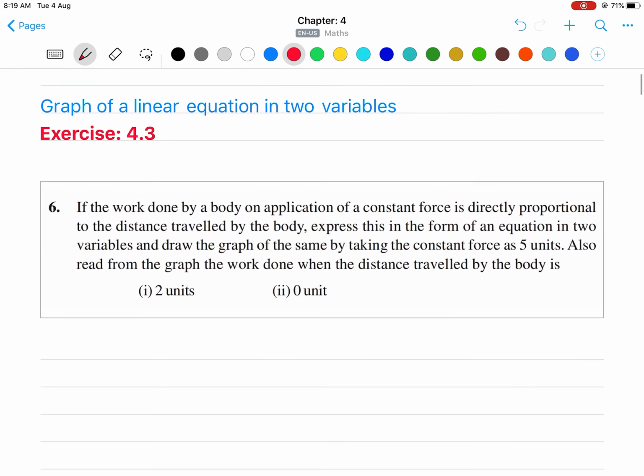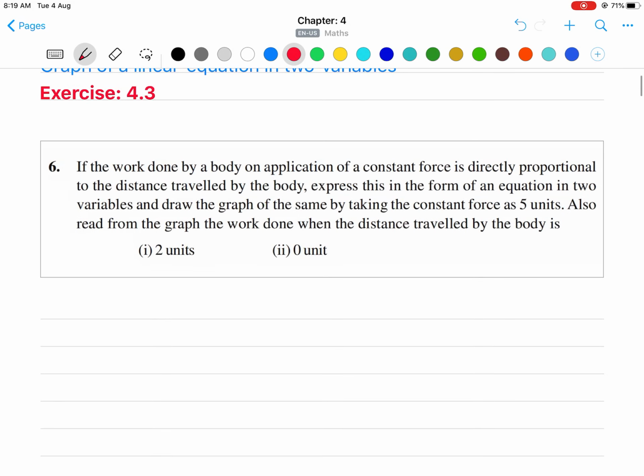From exercise 4.3 we had already covered the first 5 questions, so today we are going to start with question number 6. The question is: if the work done by a body on application of a constant force is directly proportional to the distance traveled by the body, express this in the form of an equation in two variables and draw the graph of the same by taking the constant force as 5 units.